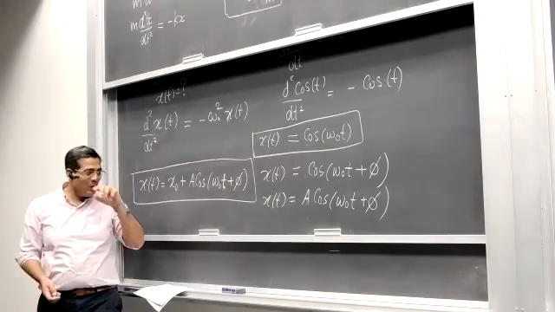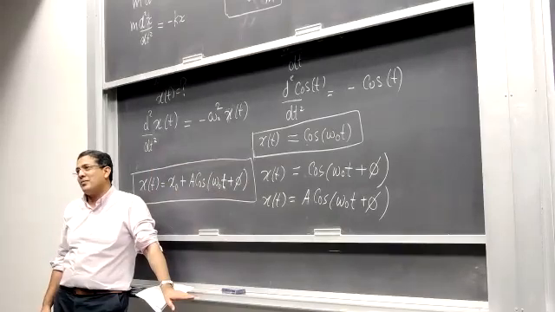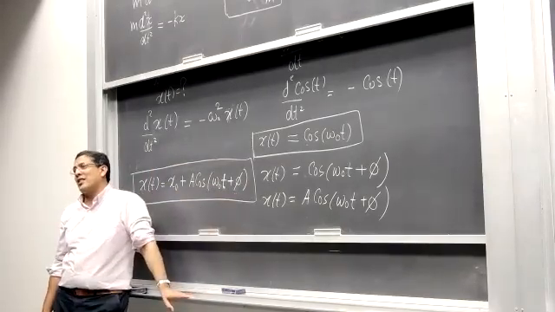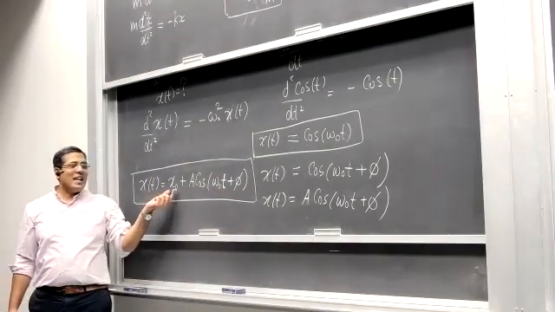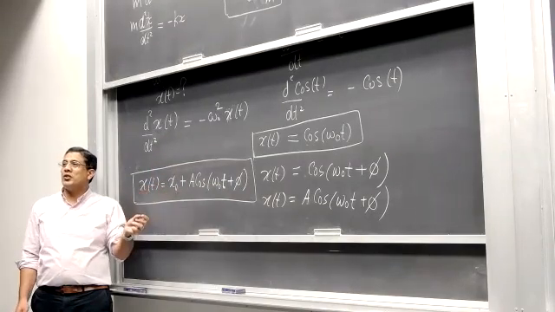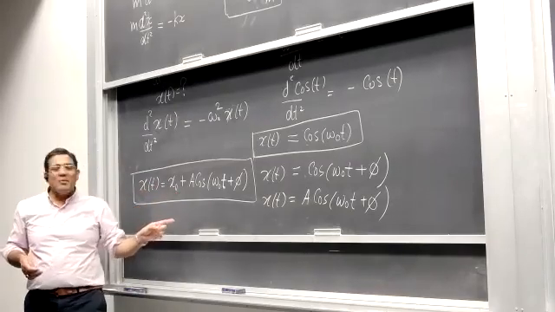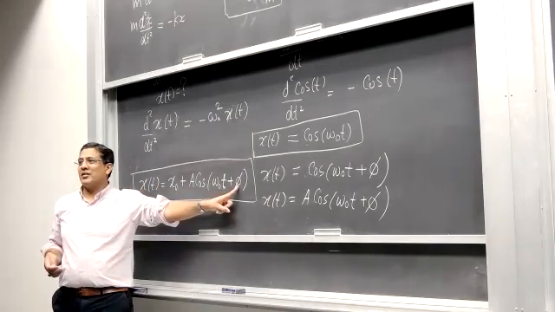Now what is phi? Phi is called the phase constant. That essentially gives us the freedom to choose when to start the clock. It is analogous to x naught, where we choose the equilibrium position with respect to the origin. This tells us where to start the clock.